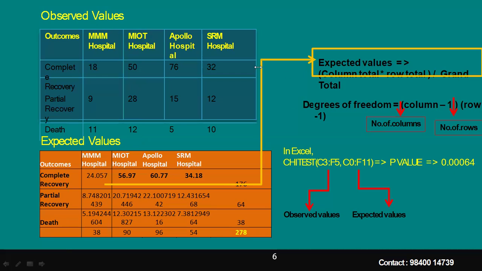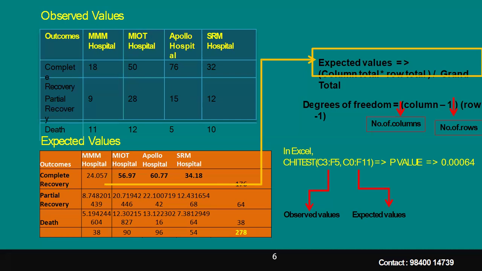So once you derive the expected values, you need to select all the observed values, and then select all the expected values in your CHITEST. If you use the Excel sheet CHITEST and select these cells and these cells in the second argument, you get the p-value. P-value is this one. P-value is less than alpha. We reject the null hypothesis.